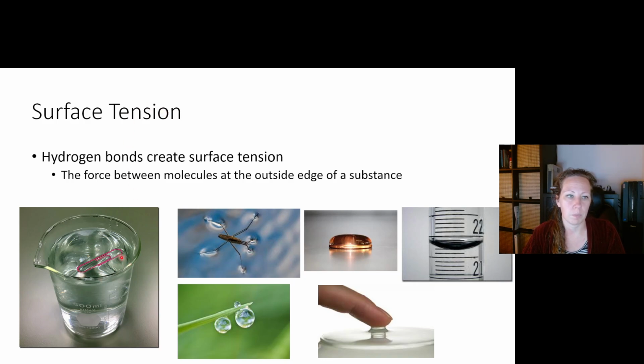If you've ever done the experiment where you set a paper clip on top of the water and it actually sits on top of the water, it's not really floating, because it's denser than the water. If you push down that paper clip, it's going to sink immediately to the bottom, but the surface tension at the top of the water holds it up, as it does with the water bug and some of these other things that we'll talk about.